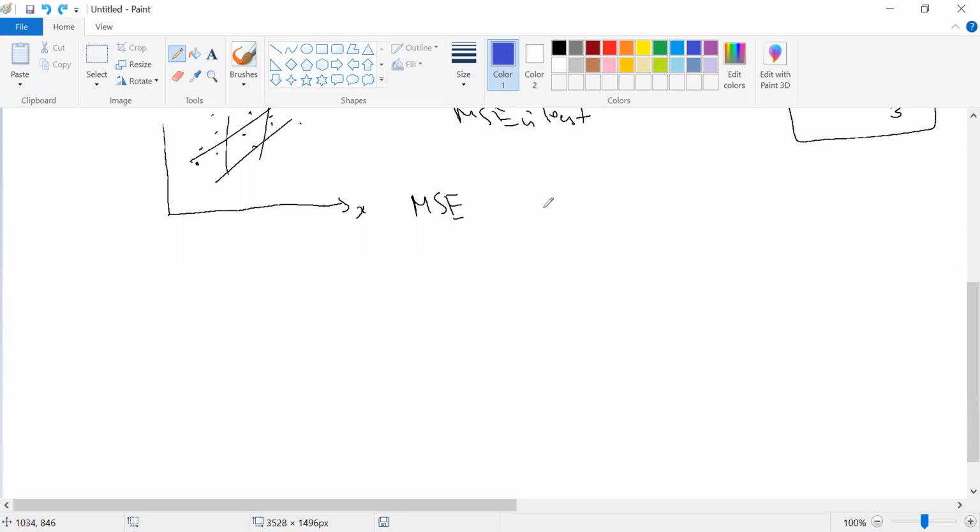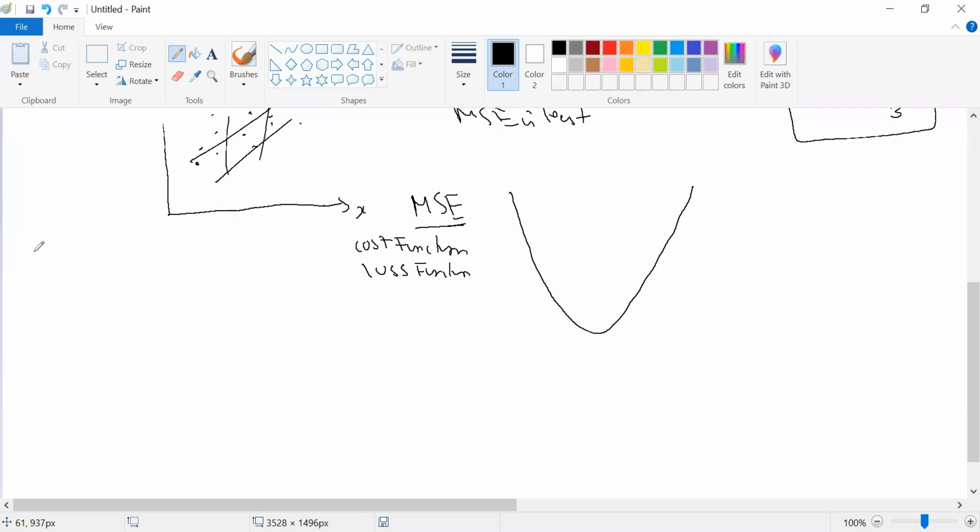Now everyone pay attention, I'm adding something new. So what is MSE? MSE is acting over here as your cost function, or you can say loss function.